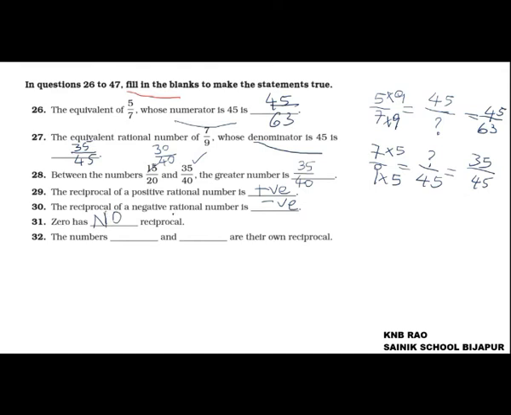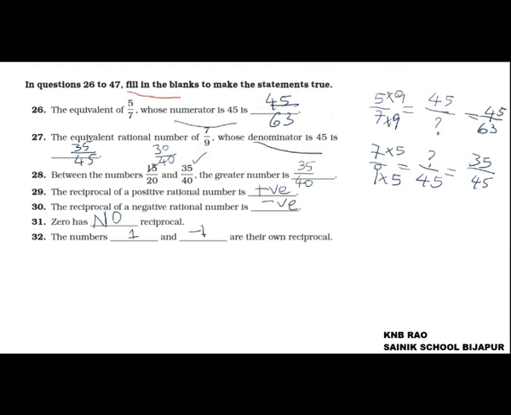The 31st is that the numbers dash and dash are their own reciprocals. So 1 acts as reciprocal of itself and -1 acts as reciprocal of itself. So 1 and -1 are the two numbers which act as reciprocals of themselves. This we have discussed in our exercise questions also.